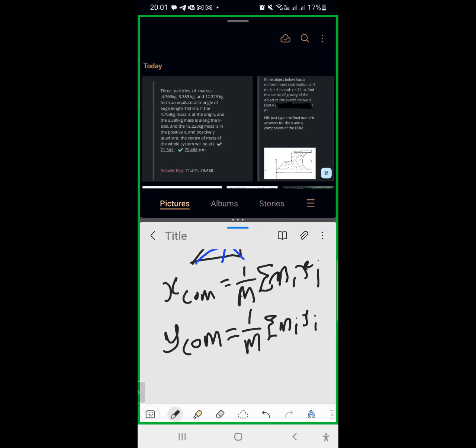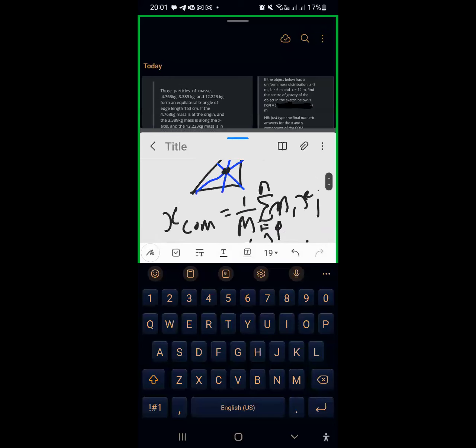And this starts from i equals 1, not 0, all the way to a certain value of n. So these are the main equations we're going to use to find the x coordinate and the y coordinate of the center of mass using the masses of each and every particle in the system.